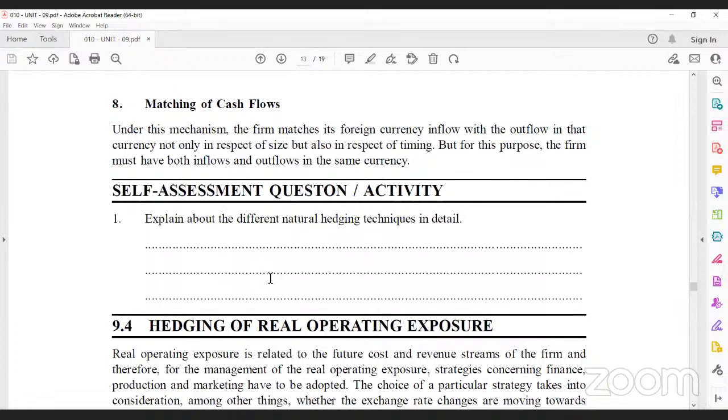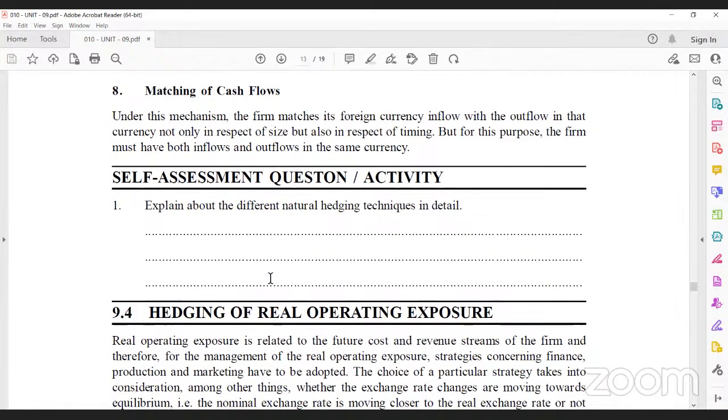It is matching not only in respect of size but also in respect of timing. Both the firms must have both inflows and outflows in the same currency. Okay, this is matching of cash flows. The firm matches its foreign currency inflows and outflows in the same currency.